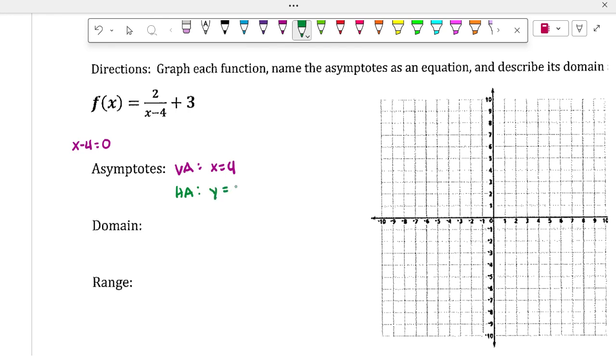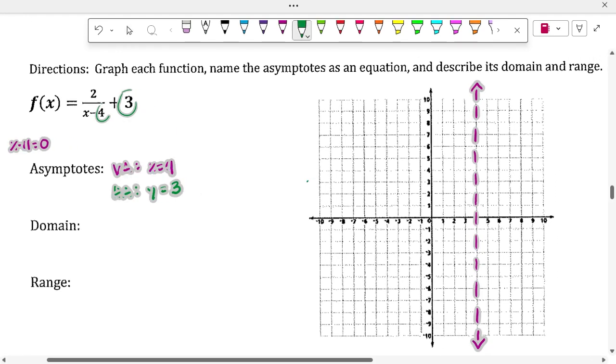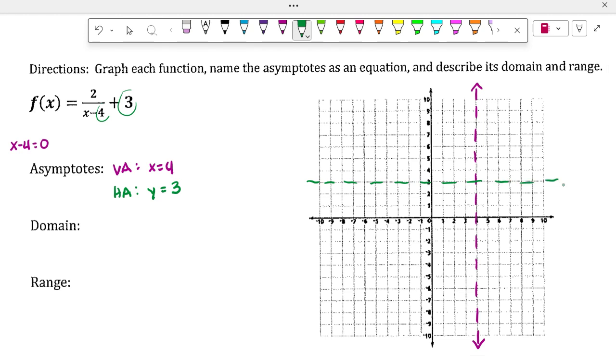It's whatever your k value is. So I'm going to go ahead and graph that just so I get an idea of where my graph's going to be. So here's my vertical. Again, use a dotted line for these, because technically when you graph them, you don't see them, but we use it on physical graphs because it gives us an idea of where our graph's going to go. There's my horizontal.